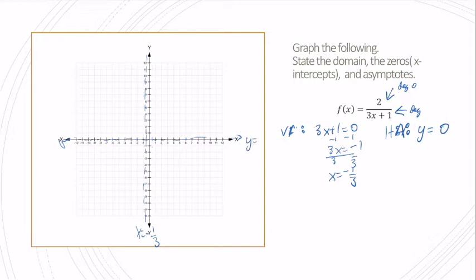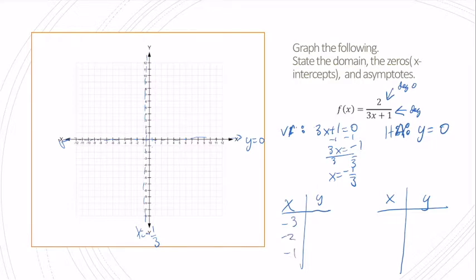So I want to find 3 points on each side of the vertical asymptote, just so I can kind of see what my graph is doing. So on the left-hand side, I'm going to pick negative 3, negative 2, and negative 1. And on the right side, I'm going to pick 0, 1, and 2.